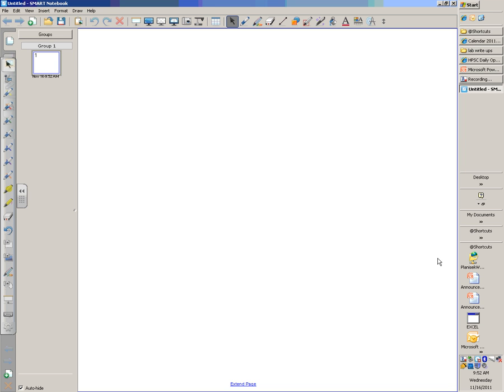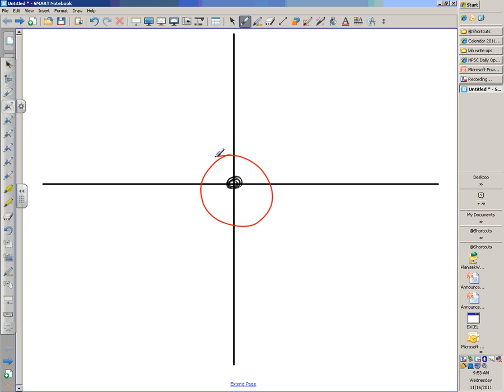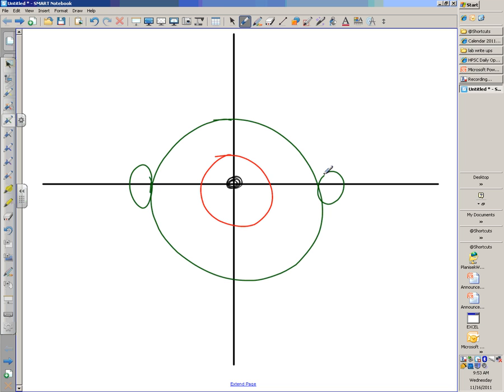Okay. Yesterday, we drew this picture of the atom, where we had an XY axis representing the space around the nucleus, the origin representing the nucleus. The first thing we drew was a little red circle. And then I think we drew a green circle next, with little ears. But really, the little ears were part of this big figure 8.